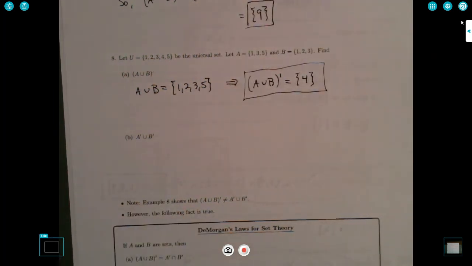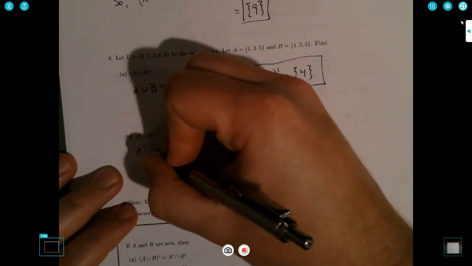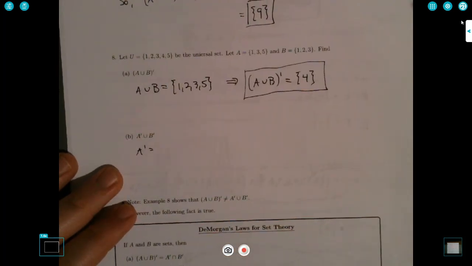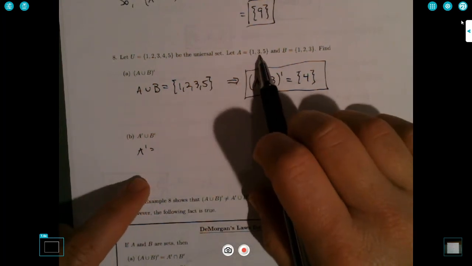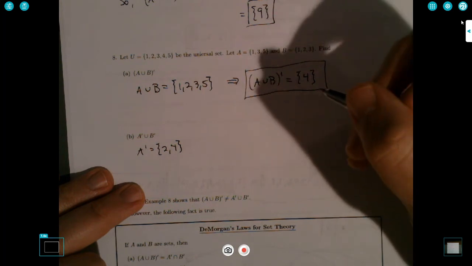All right. Now let's look at A complement union B complement. In order to figure that out, first we need to figure out what A complement is. A is 1, 3, 5. So what are we missing here? We're missing 2 and 4. B complement, what are we missing here?